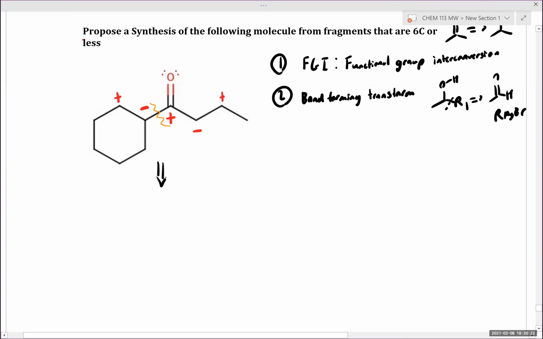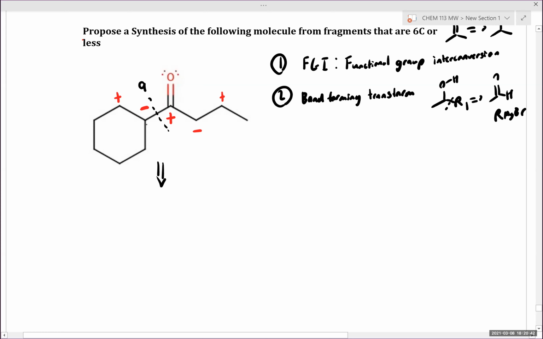Okay, so now that we propose breaking that bond, so we're breaking this carbon-carbon bond, we'll call this option A. When we break this bond, what synthons then would we be working with?